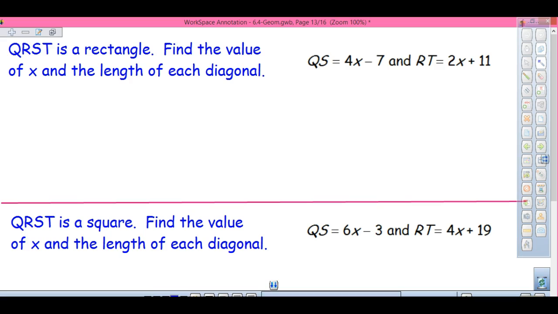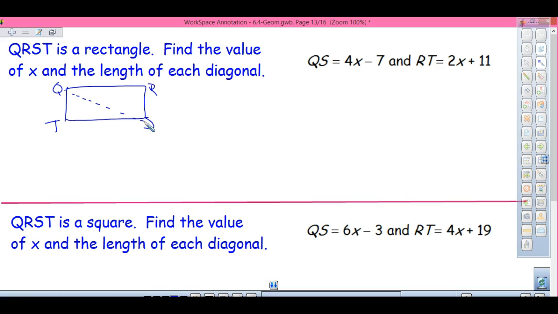Okay, so I have a rectangle, QRST. So I would draw a rectangle, QRST. It tells me that QS, which is a diagonal, is 4x minus 7, and RT, which is a diagonal, is 2x plus 11.